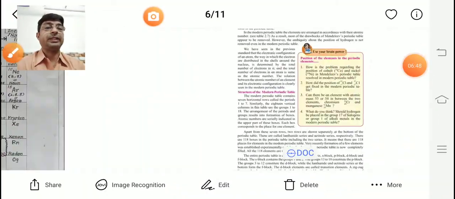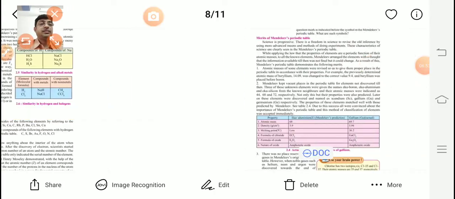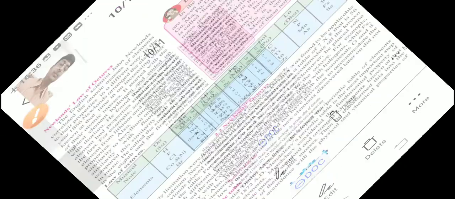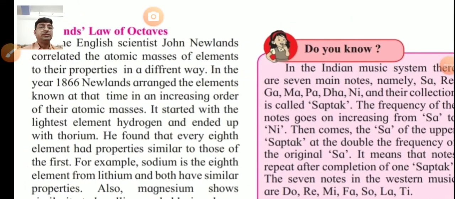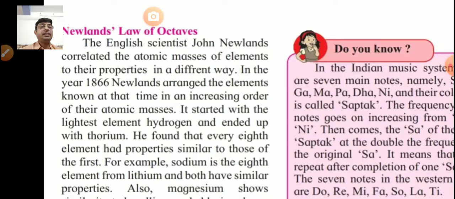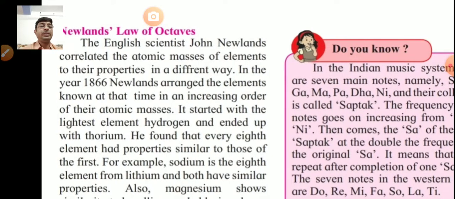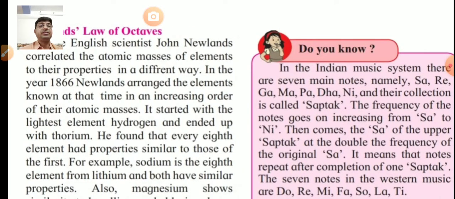Newlands' law of octaves. The English scientist John Newlands correlated the atomic mass of elements to their properties in a different way.